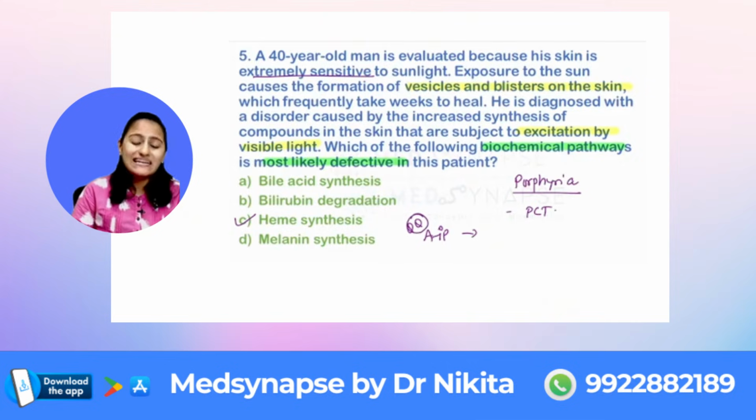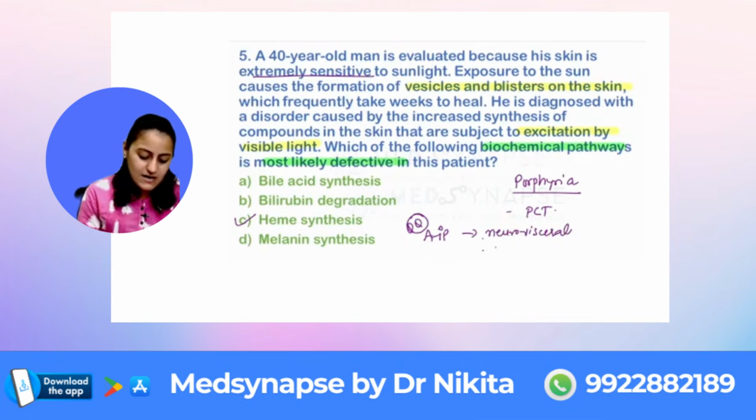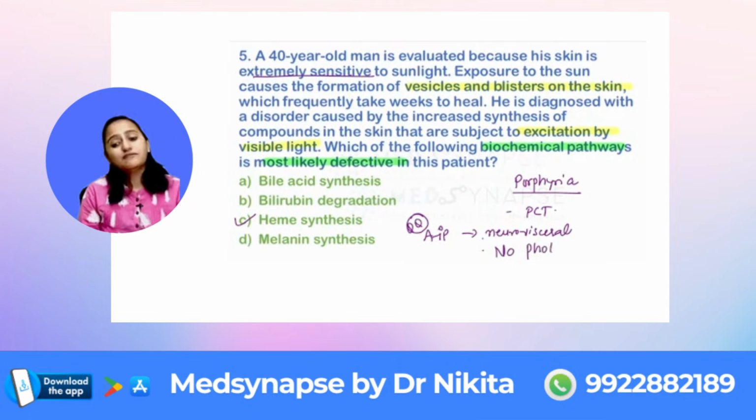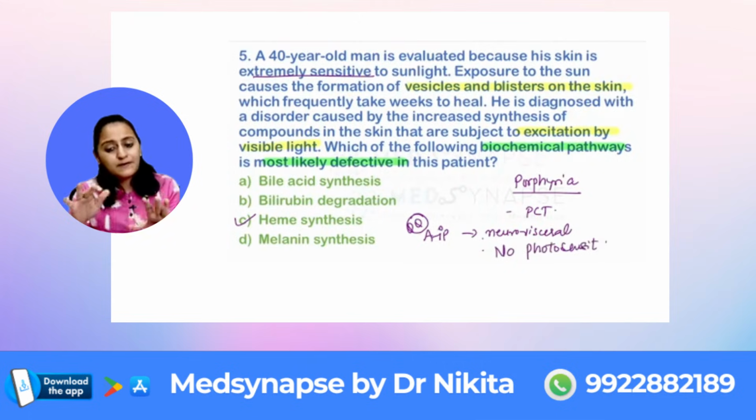Remember, acute intermittent porphyria is only neurovisceral. There is no photosensitivity in acute intermittent porphyria, which you get in cutanea tarda. Cutanea is cutaneous only. There are no neurovisceral features there.